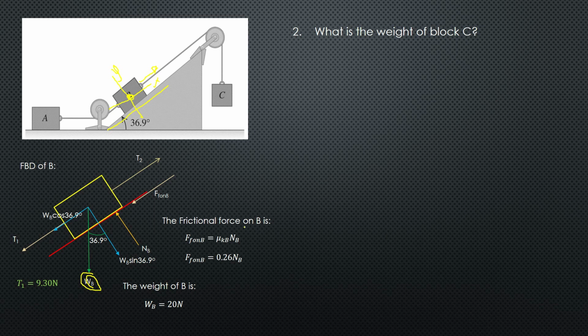Okay, now the frictional force on B using a similar formula. Okay, frictional force on B, so that is mu times normal force. So mu is 0.26, normal force of B is not yet given. So from the FBD of A, okay, since it is stationary, non-moving, summation of forces along X is 0.